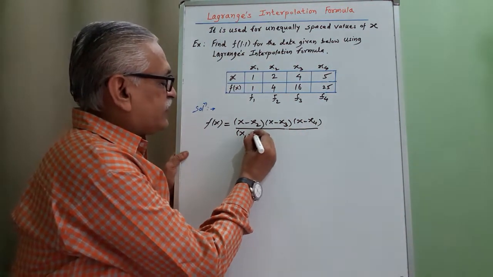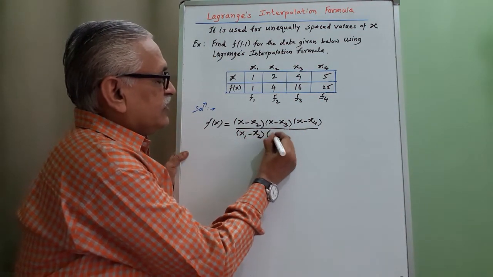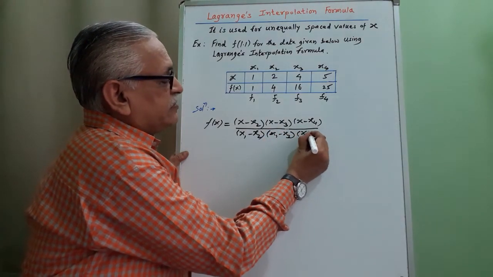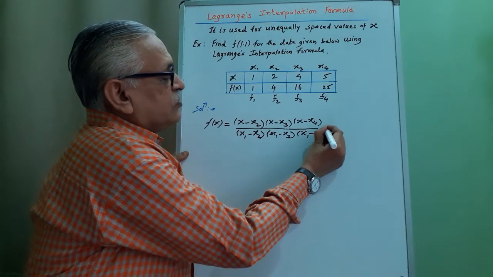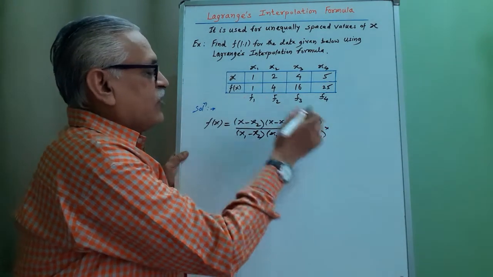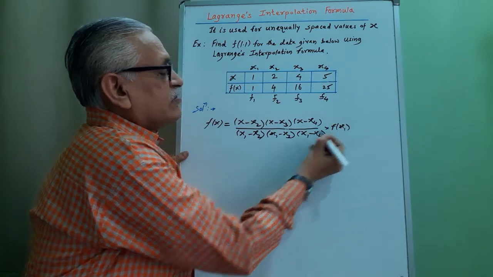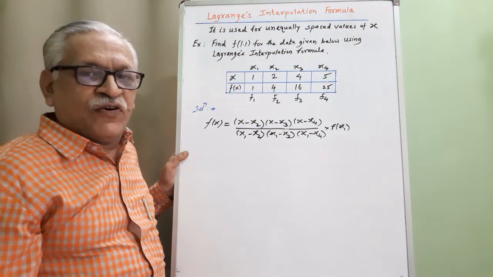Therefore it is x1 minus x2, x1 minus x3 and x1 minus x4, into f1 or f of x1. This is for the first time.